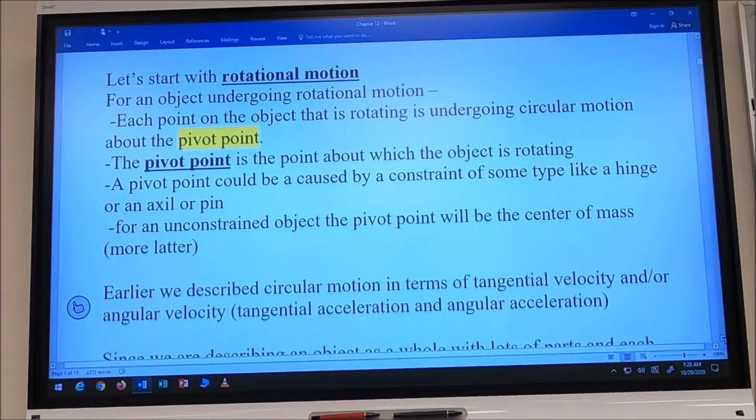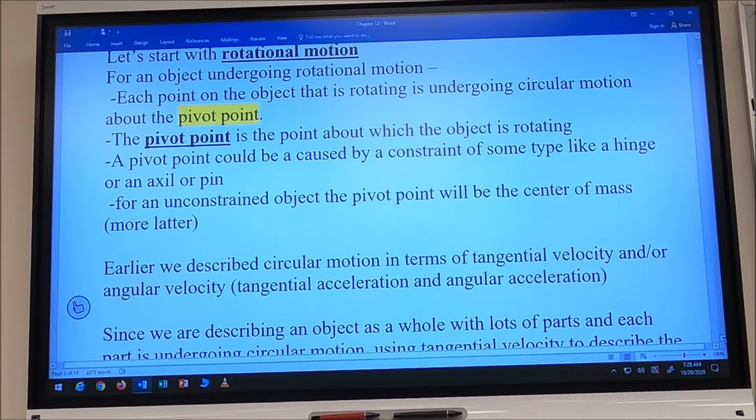All right, now, let's remind ourselves about circular motion and link it to rotational motion. Now, when an object undergoes rotational motion, each point on the object is rotating and is following a circular pathway about a pivot point. Okay? A pivot point is a point about which the object is rotating.